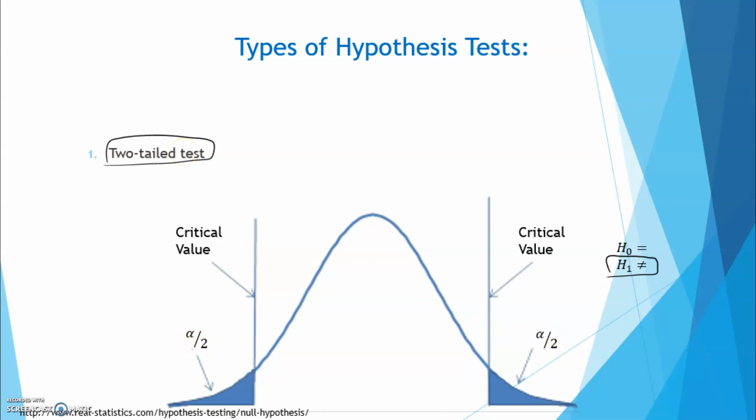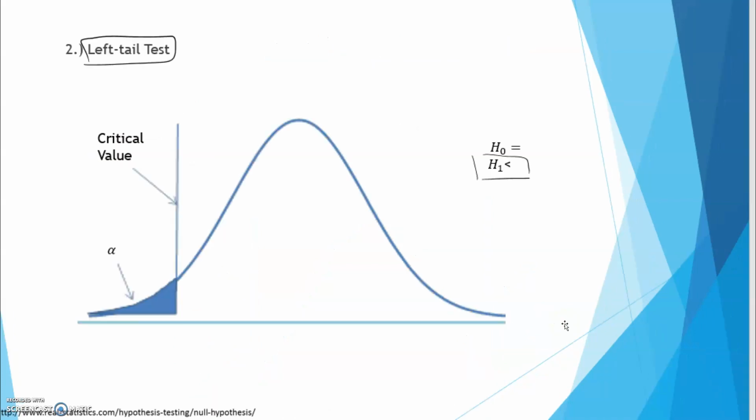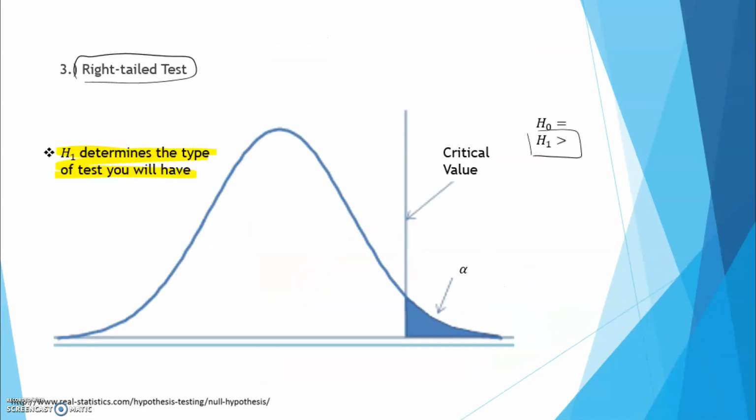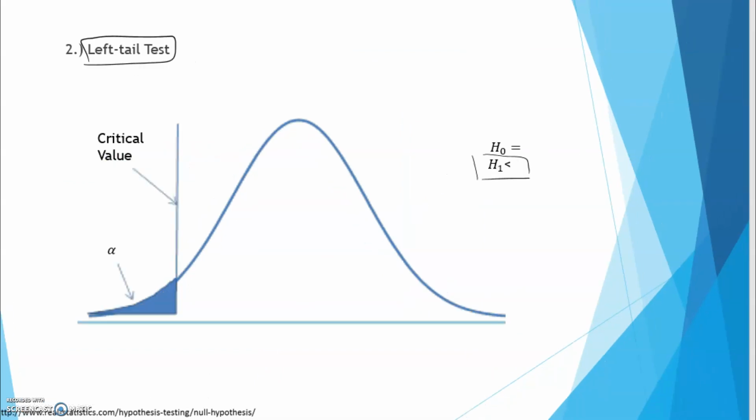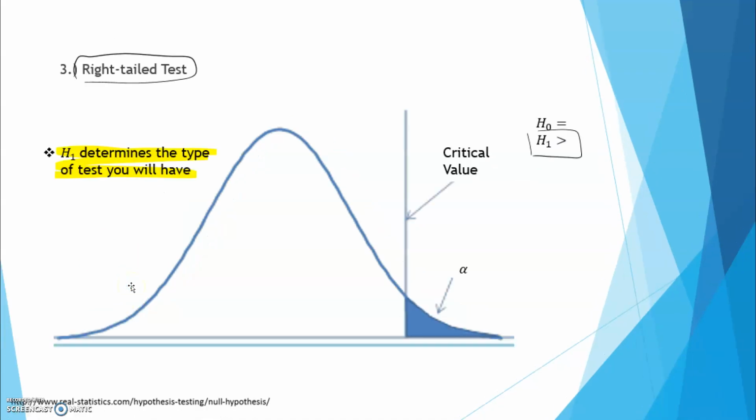So if I add alpha over 2 plus alpha over 2, that gives me just one alpha. Half of alpha is over here, the other half is over here. Whereas if I'm in a left or a right tail test, all the area of alpha is to one side or another. Okay.